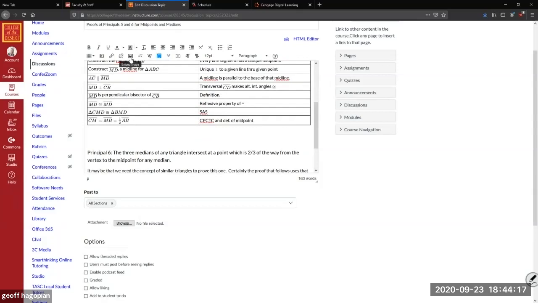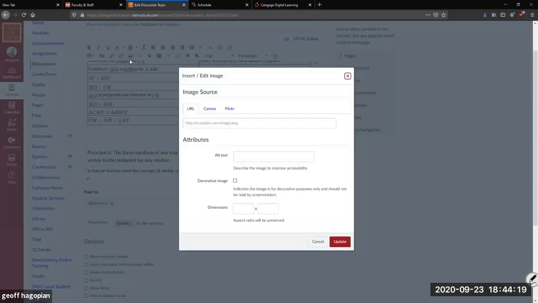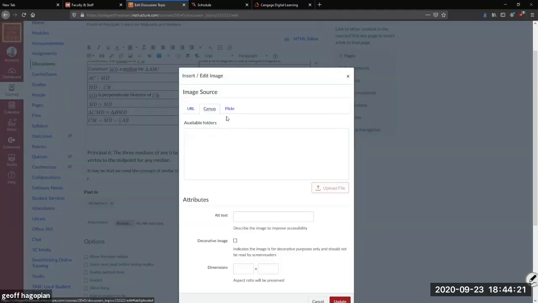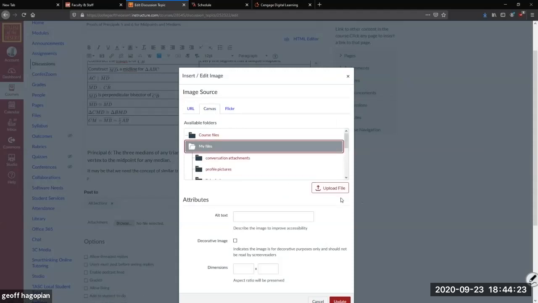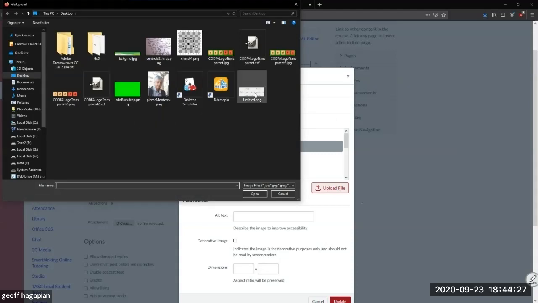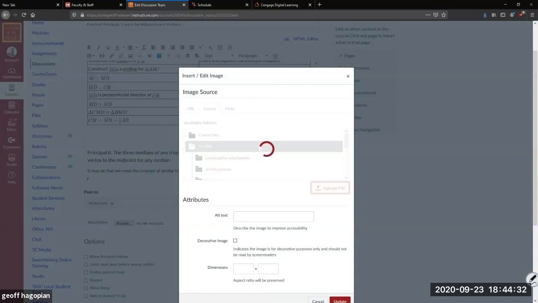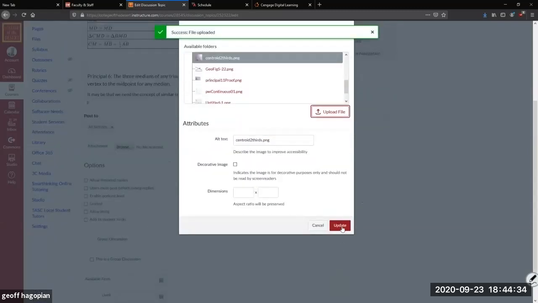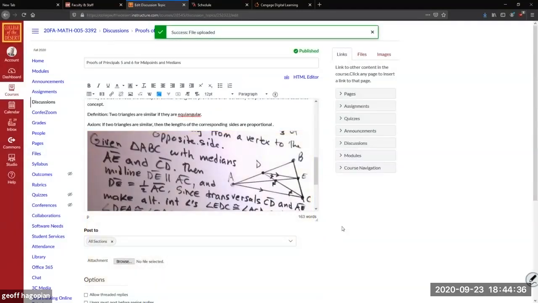Presumably I got a little embed image thing. And I'm going to go to Canvas. I'm going to say My Files, Upload File. I'm going to go to the desktop and grab that, open it, and say Upload. And there it is, right?